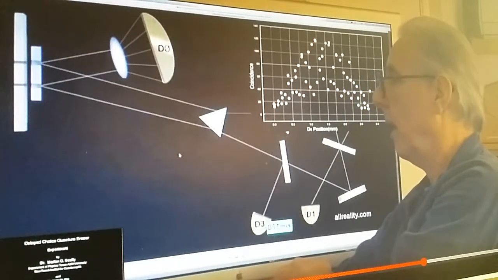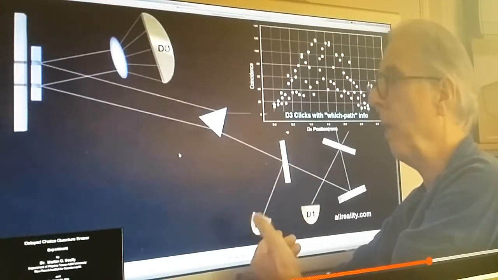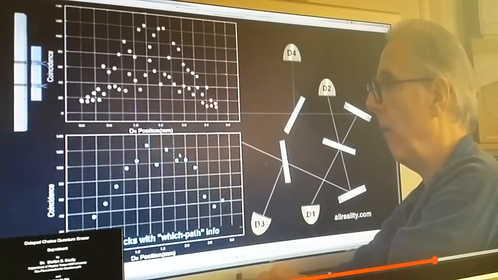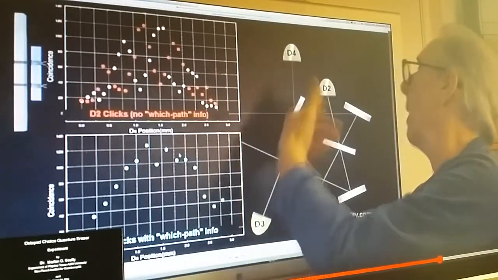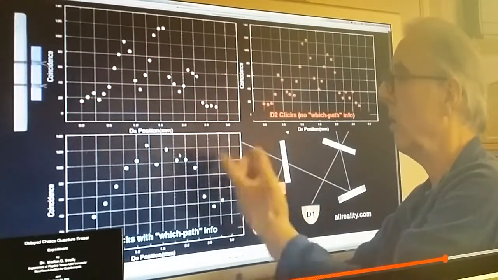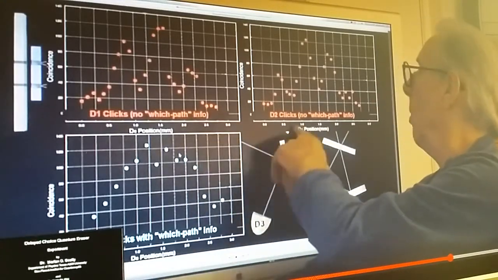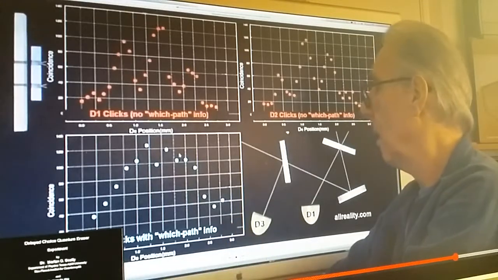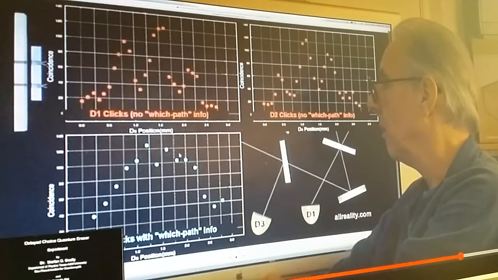And then you plot, for instance, for D3, which of these photons were detected by D3, and you plot which were detected by D2, and so on. And of course, D2 and D1 have no which path information. Only D3 and D4.